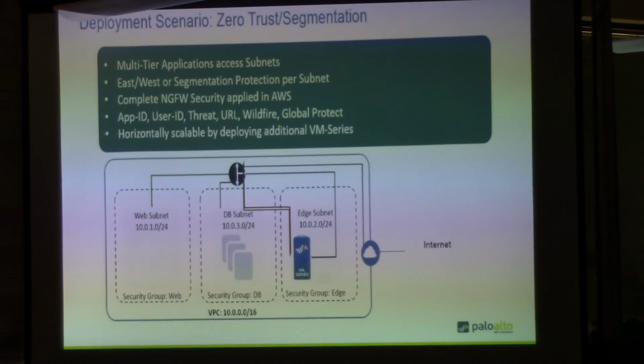And then from a zero trust segmentation standpoint, what we have here is multiple different kinds of workloads that we're sharing that are going to be on different VLANs, because it's really easy to spin up different VLANs inside of AWS. That's one of the things they're great at. And so you just need to create all these different interfaces and security zones on the firewall.